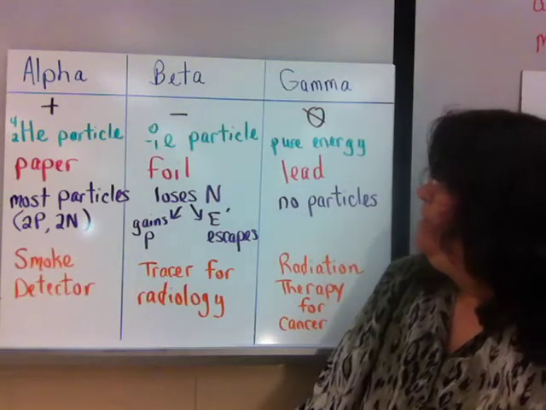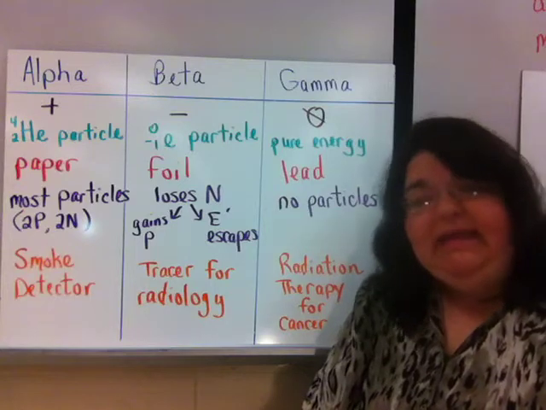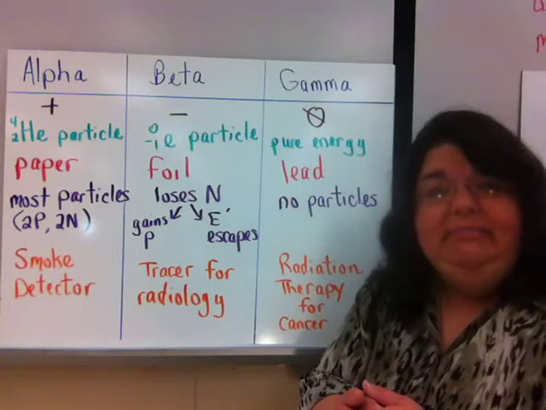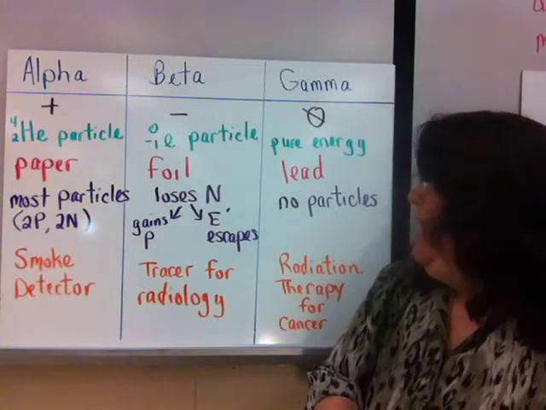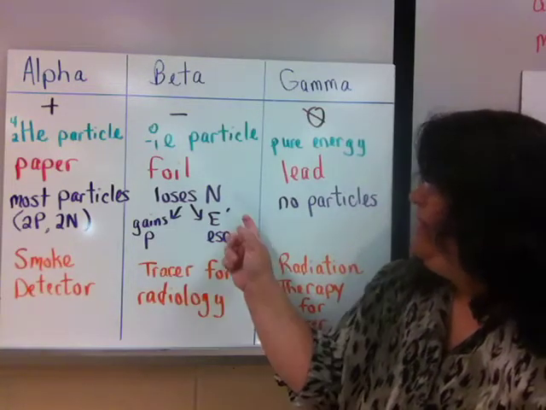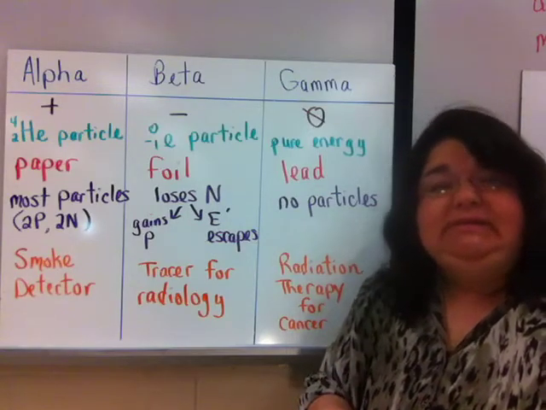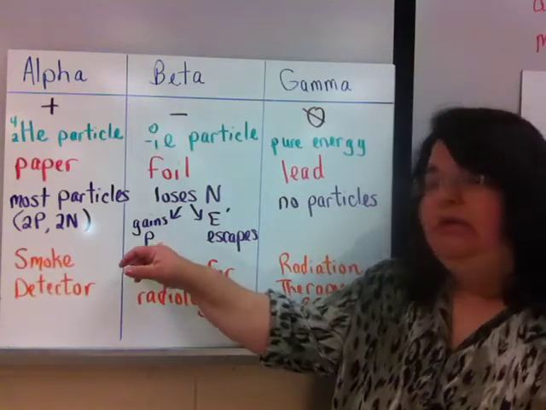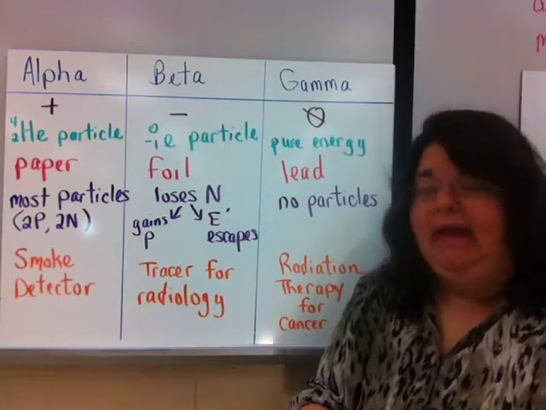A beta particle is actually a neutron that has hit itself against the barrier of the nucleus and split into two parts. It splits into a proton and an electron. Now, when it splits, it's still inside the nucleus. And a proton looks like other things that are in the nucleus, so it stays behind.